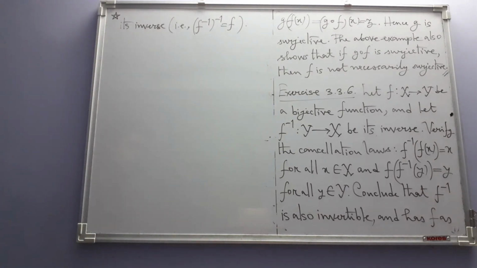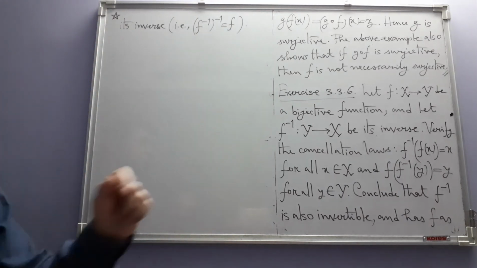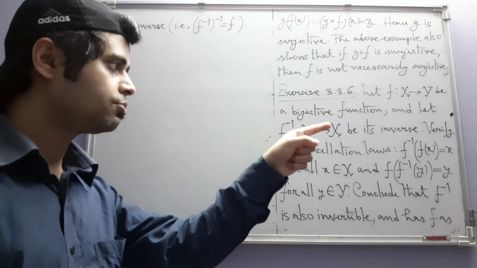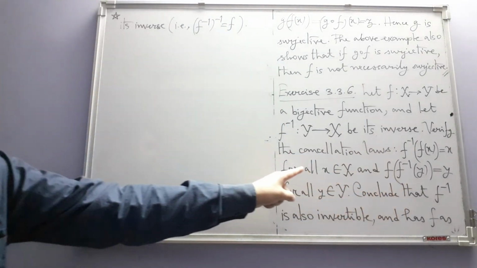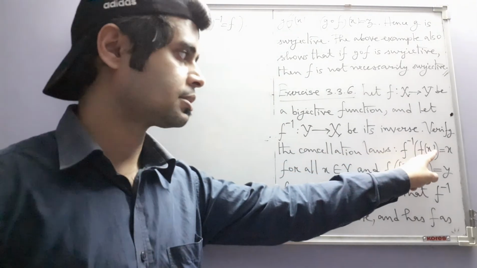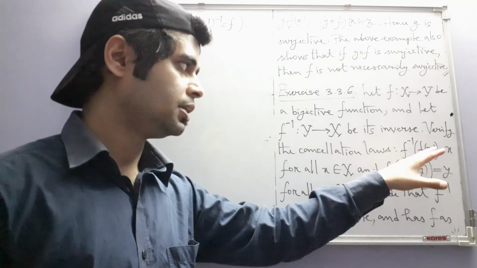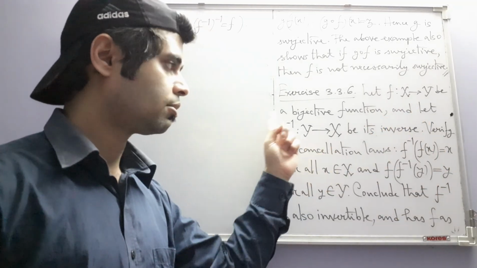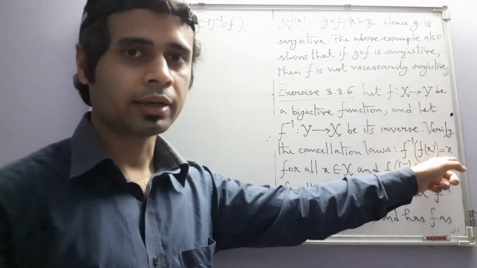Okay, so in this exercise we are given a bijective function and we are also given its inverse. Then for these two functions we have to prove this sort of cancellation law, that if we apply F on some point in X and on that output we again apply F inverse, because that output will be in Y, so on that we can apply F inverse, we will get that input back.